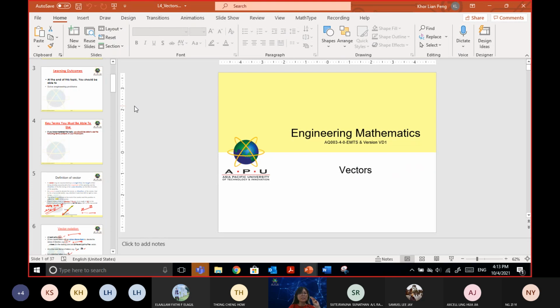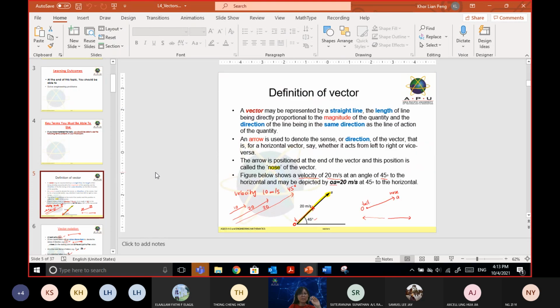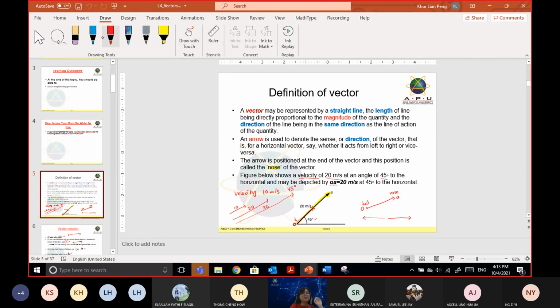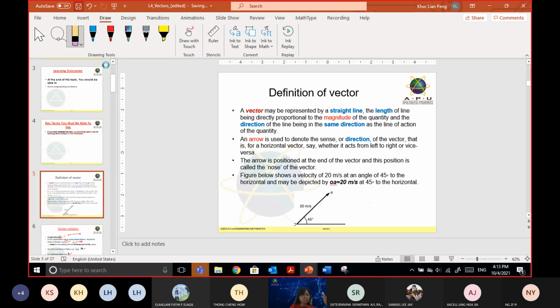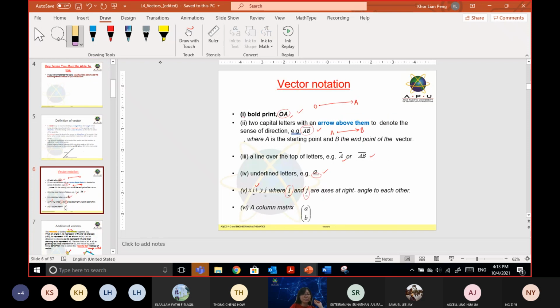Vectors is our last topic. But for vectors, we are not going to cover as many things as compared with complex numbers, because with complex numbers we really deal with a lot of calculation. Students never did complex numbers in previous study, but when it comes to vectors, most of you should have learned vectors in physics, right?